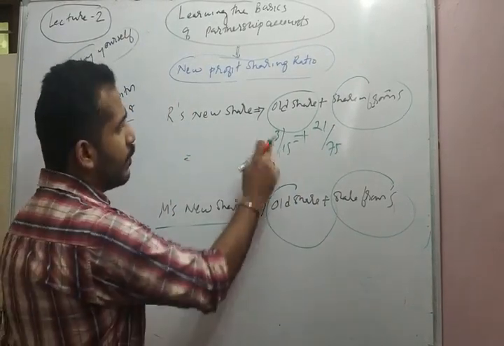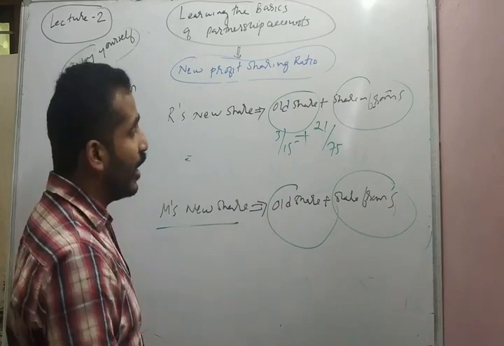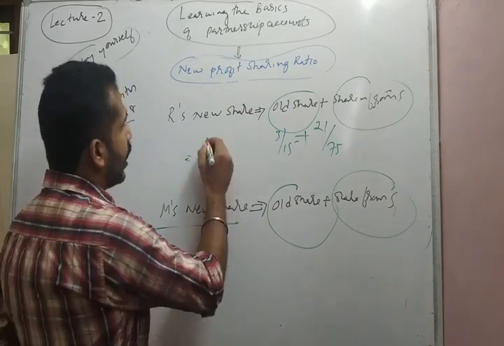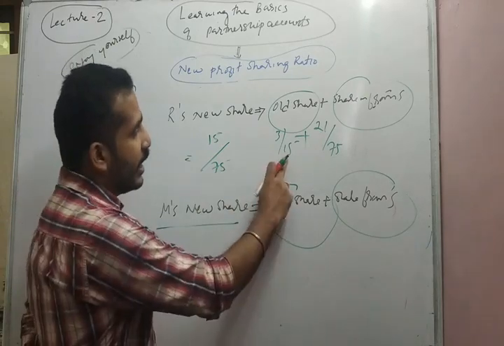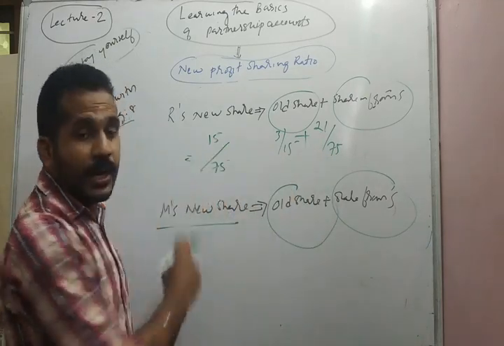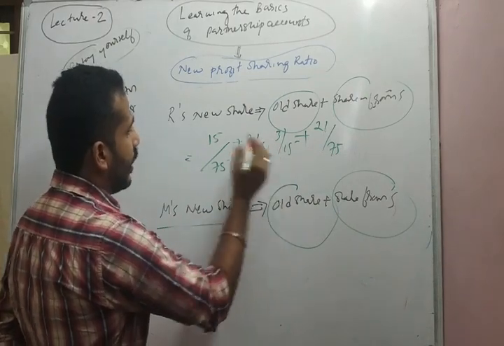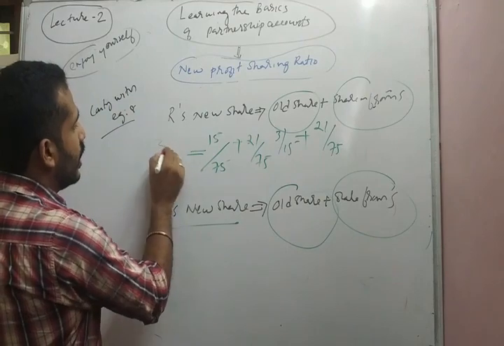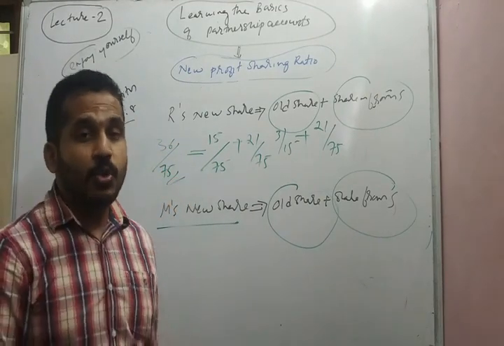When calculating this, the denominator 15 should be converted into 75. 15 is multiplied by 5 to get 75. Therefore 15/75 plus 21/75 is equal to 36/75. This is the new ratio of R.